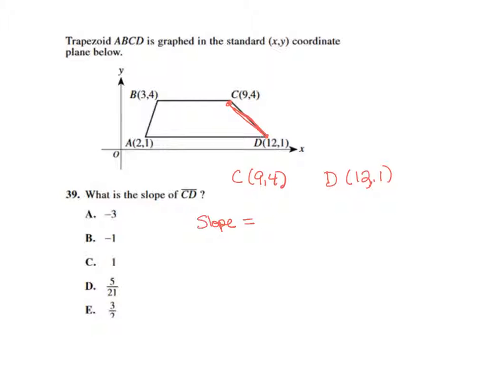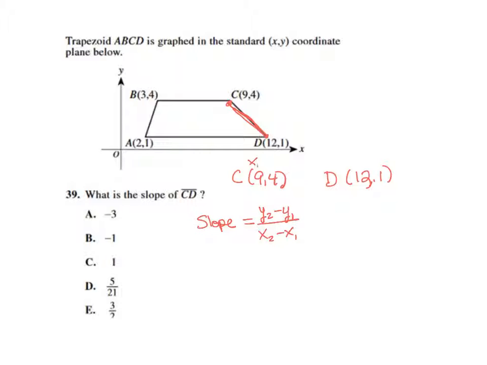Probably the easiest way to find the slope here is to remember our slope formula: y2 minus y1 over x2 minus x1, or our change in y coordinates over our change in x coordinates.